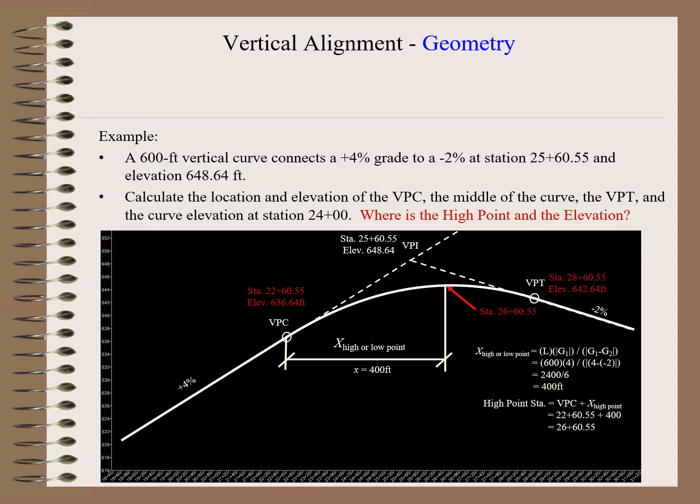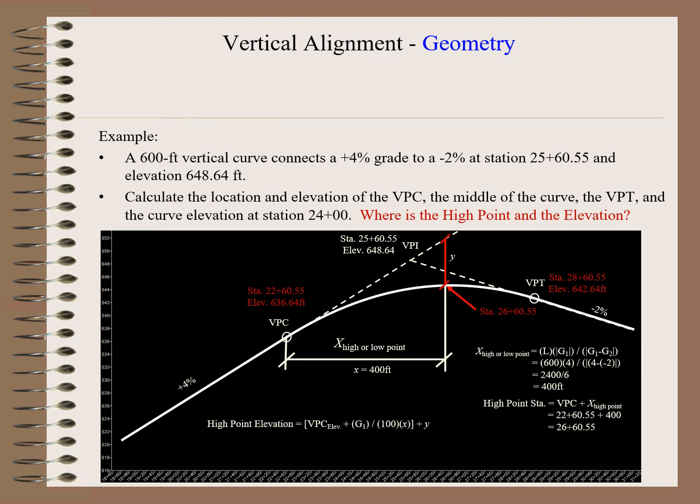Now we're going to calculate the elevation of that high point. To do that, you'll use the following equation. That Y value that we're going to be using in that equation is from the G1 tangent, grade 1 tangent, and not the G2 tangent.